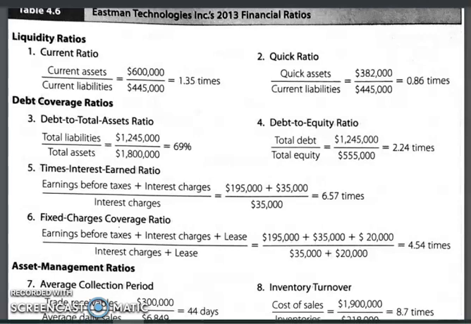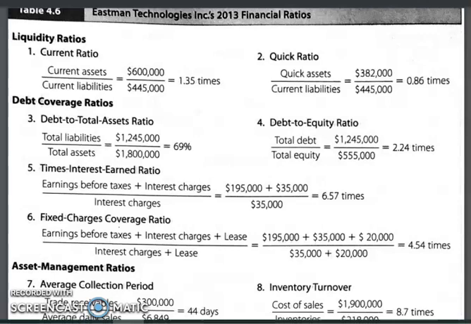Moving on to the next one, which is our debt coverage ratios, we have our debt to total assets. Our total liabilities, which is our debt, divided by our total assets makes up 69%. So our total liabilities are 1,245,000 divided by our total assets, which are 1.8 million, and that's 69%.